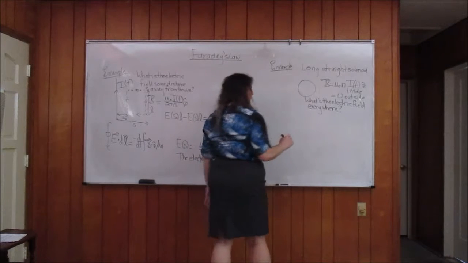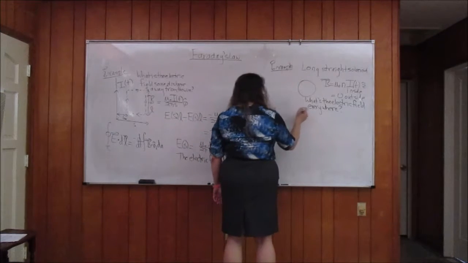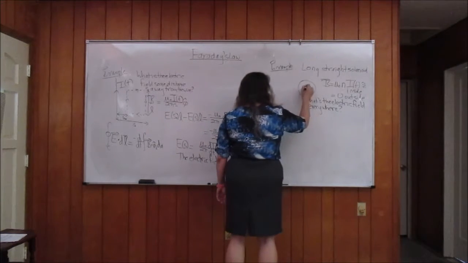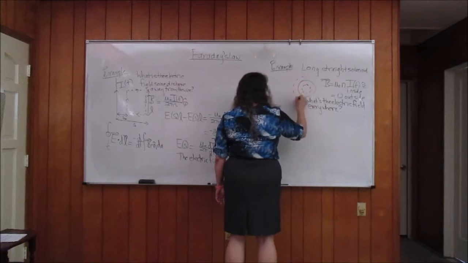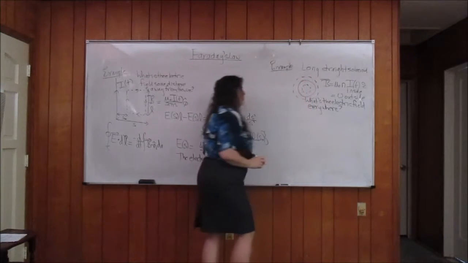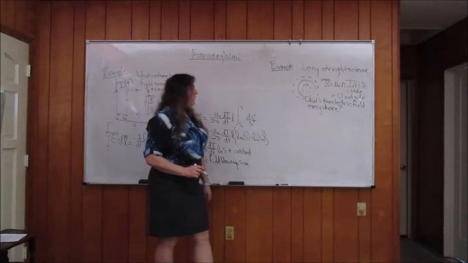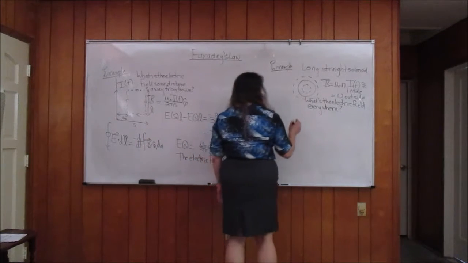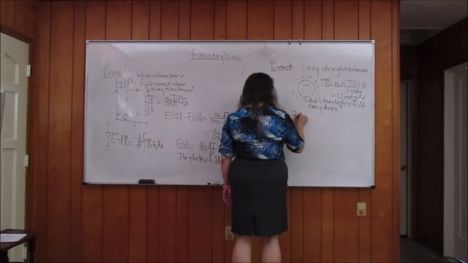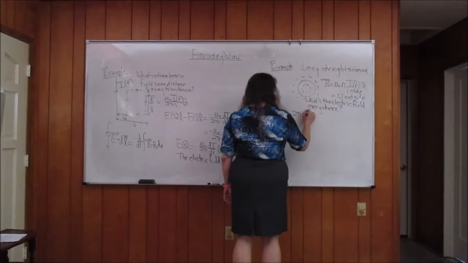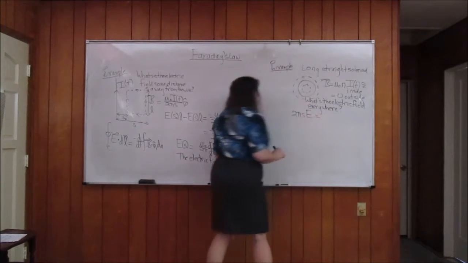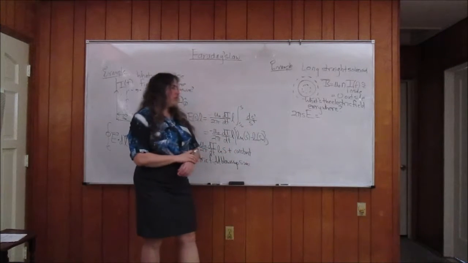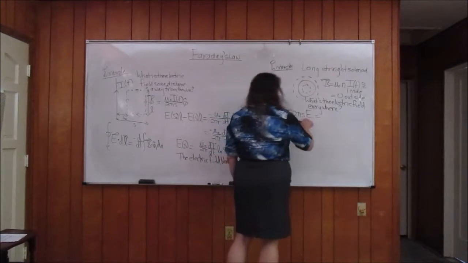Well, applying Faraday's law, on the left-hand side, we'll construct our Amperian loops to be circles that are coaxial with the cylinder. So in the interior path, we have 2 pi s, where s is the radius of the path, times the electric field.